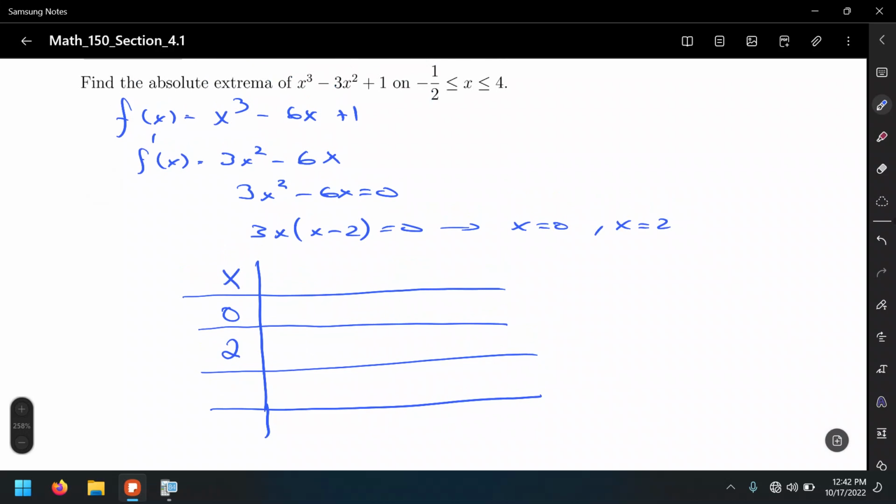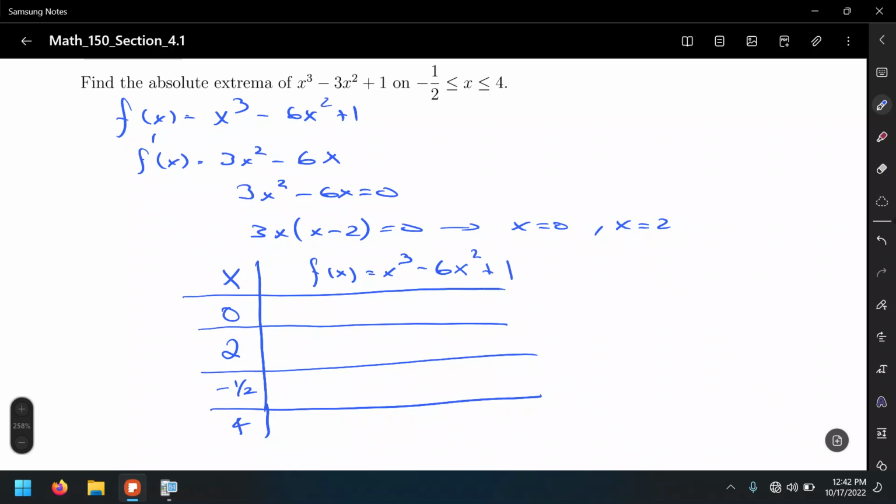In this case, the endpoints were negative 1/2 and 4. All right, so f of x equals x cubed minus 6x squared plus 1. All right, so this is what we would have to do.